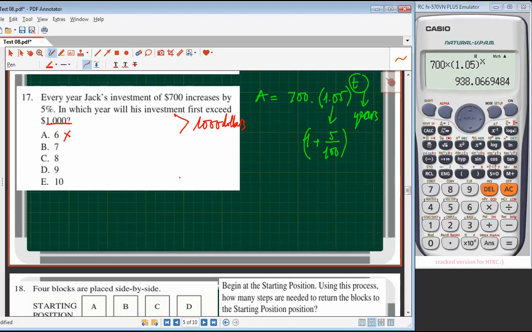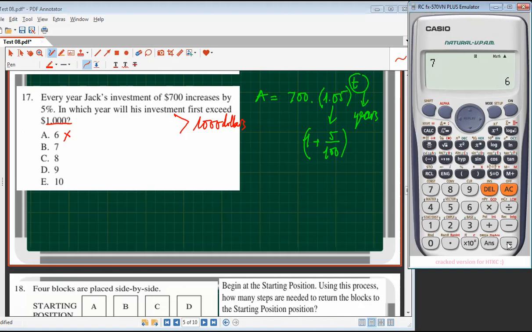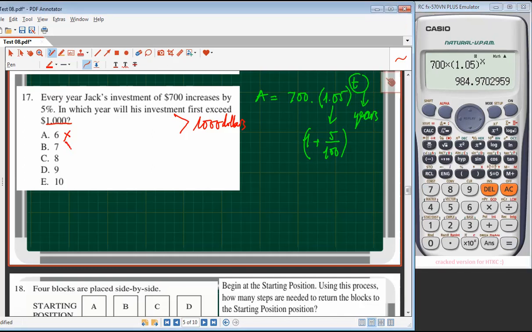And option B, with s equal to 7. Oh, it's not either. Next is option C, number 8. Oh, it's here. 1,034, and so on. So the final result is option C.